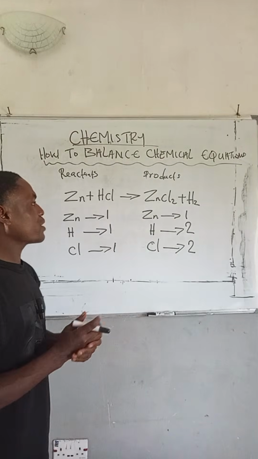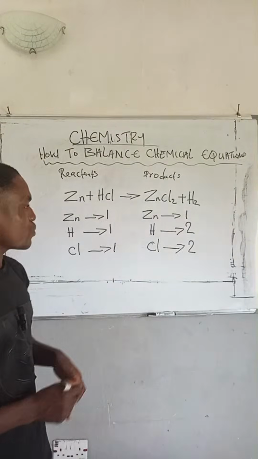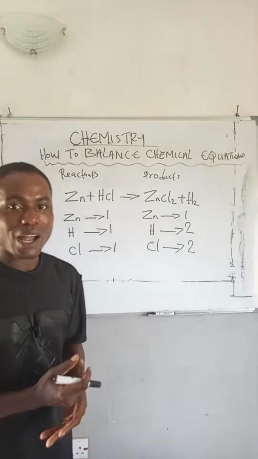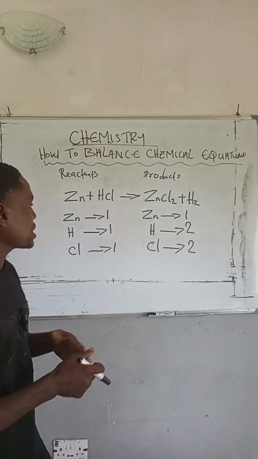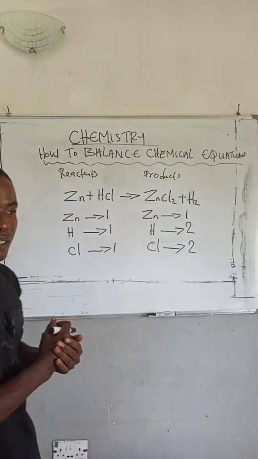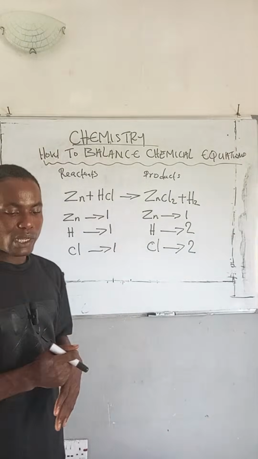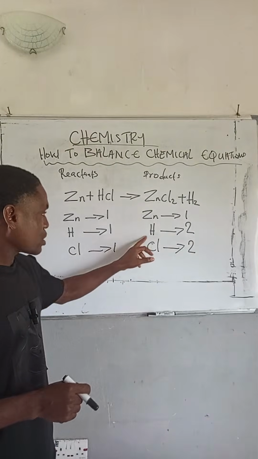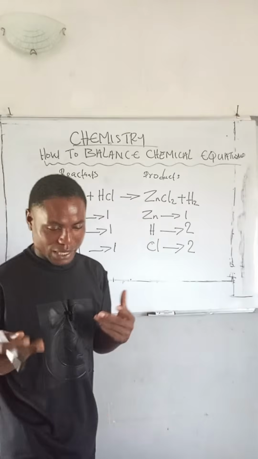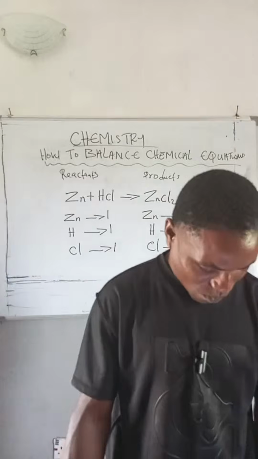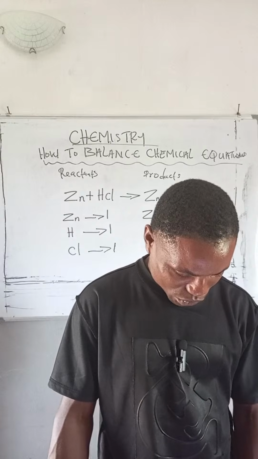Now introducing the coefficient, or the numbers. What number are we to introduce and on what side of the equation? Are we focusing on the right side or the left side? And what number are we to introduce for hydrogen to be balanced, or for chlorine to be balanced? Drop it so that we can work together. What number are we introducing?